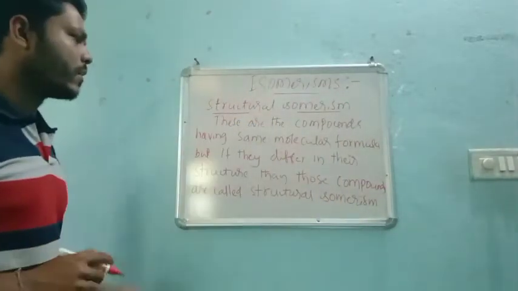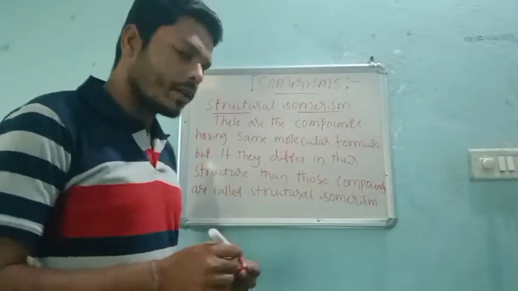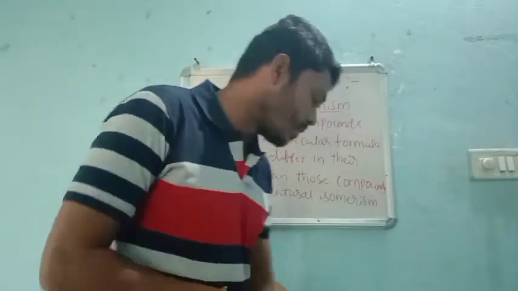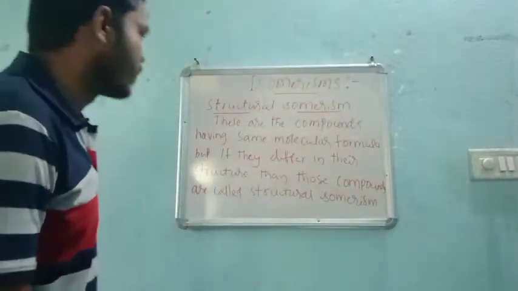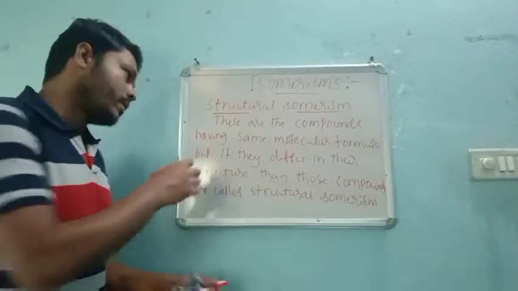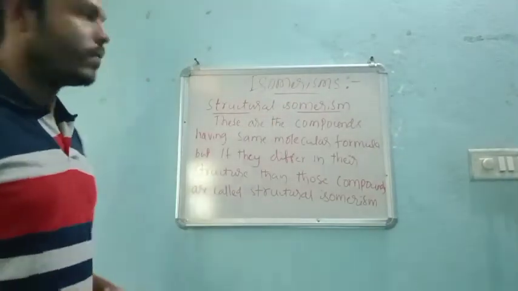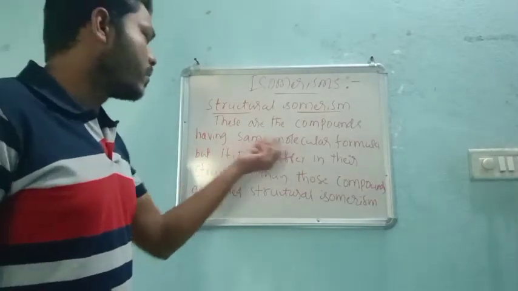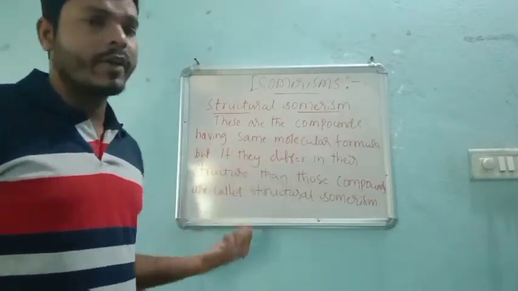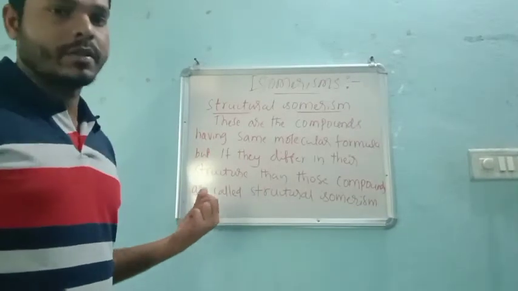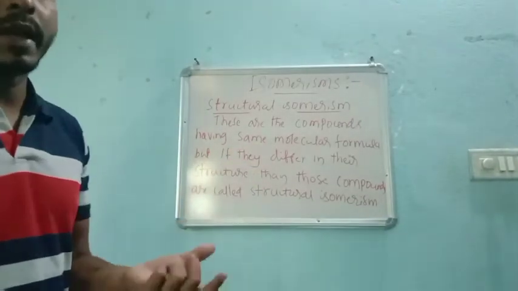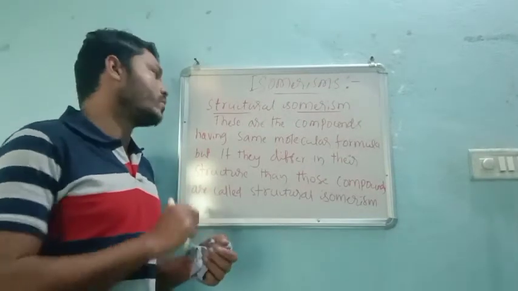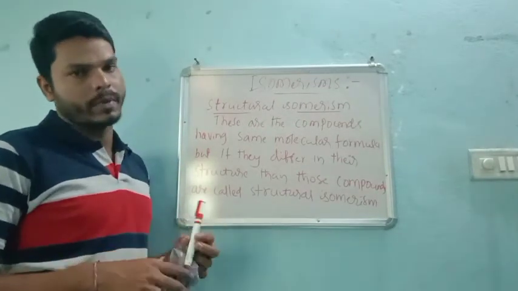You can get this definition in any book, such as your SSLC book, your 9th book, or your first year book. But the thing is, we need to understand the concept. Same molecular formula, but if they differ in their structures, as in the last example, then those are called structural isomerisms.